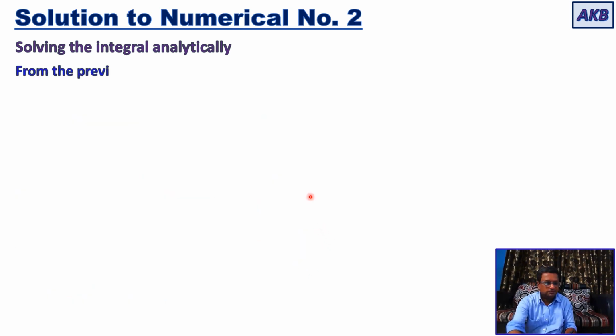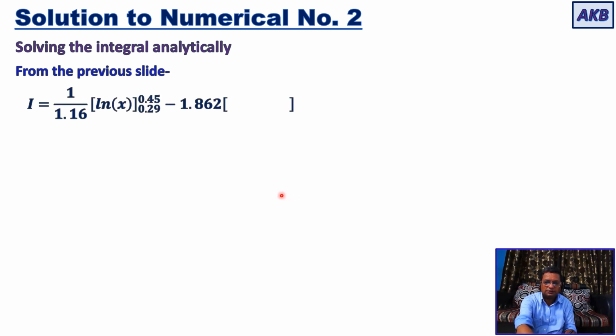Okay, so we have got this equation: I is equal to 1 upon 1.16 ln of x with limits 0.29 to 0.45 minus 1.862 ln of 1 minus x with limits 0.29 to 0.45.